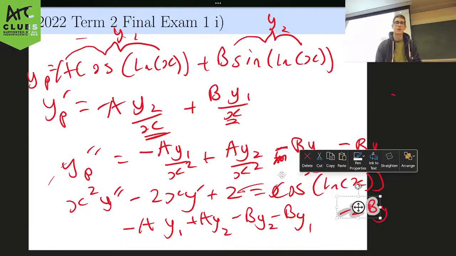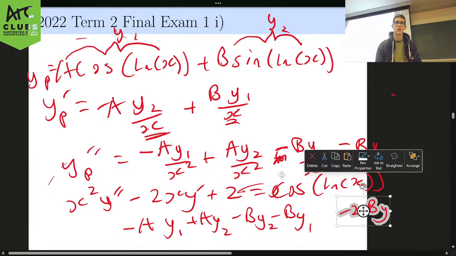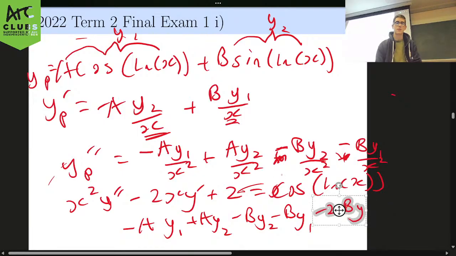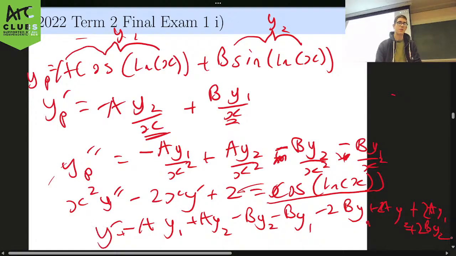Let's move this over here as well. Minus 2b y1 minus a y2, oh, plus 2a y2, and then plus 2a y1 plus 2b y2, and we need this all to be equal to this right-hand side, which I've defined as y1, okay?